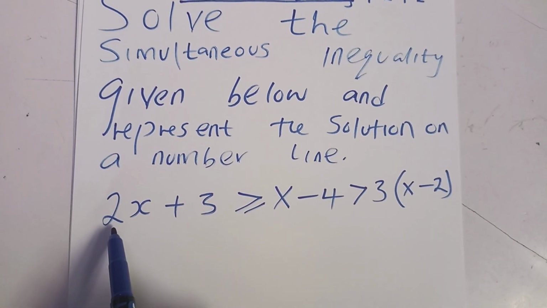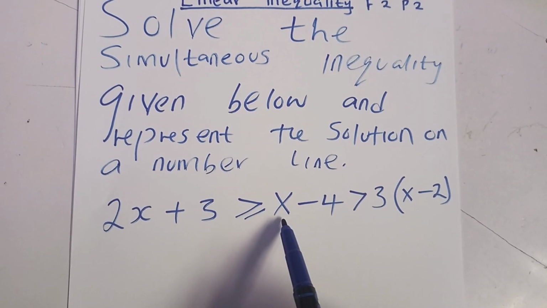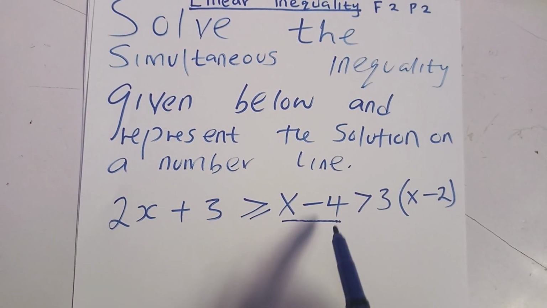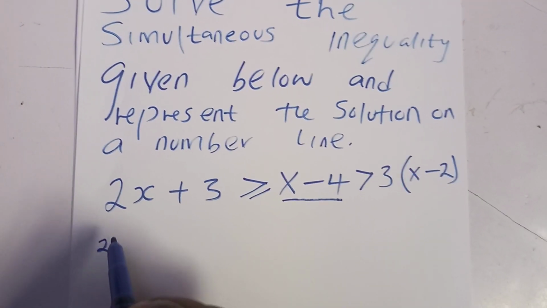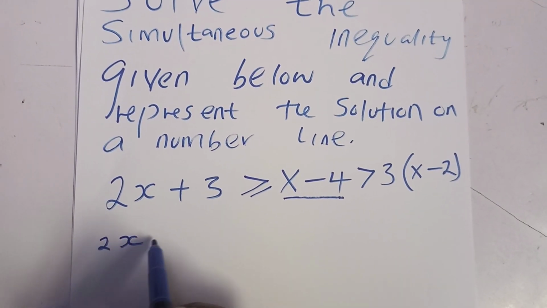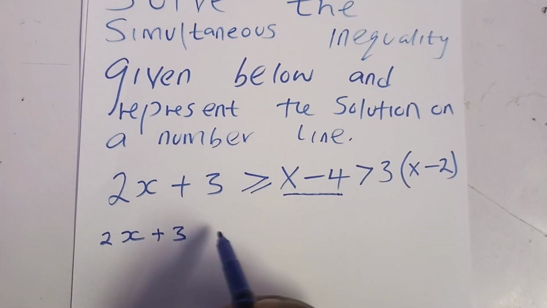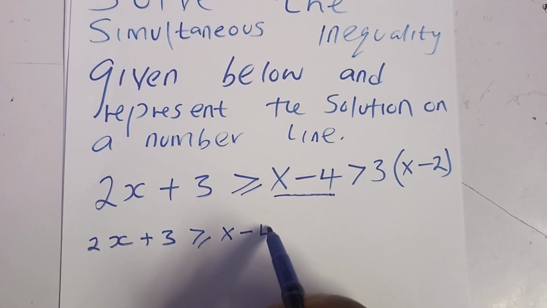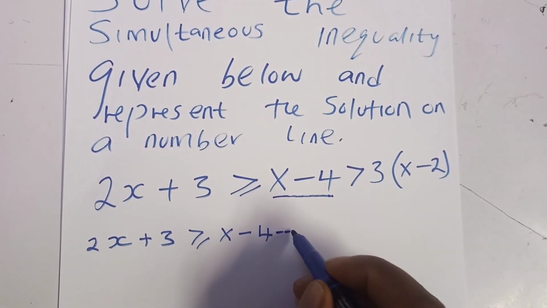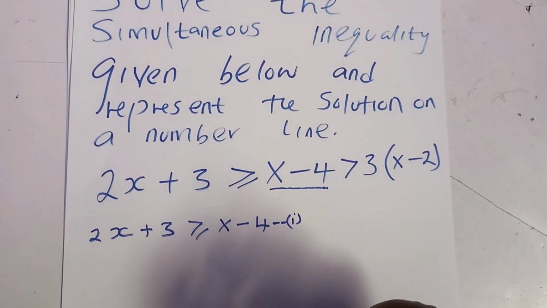So 2x plus 3 greater or equal to x minus 4 greater than 3x minus 2. So x minus 4 is treated as shared by both inequalities. So we form the first inequality and call it number 1.